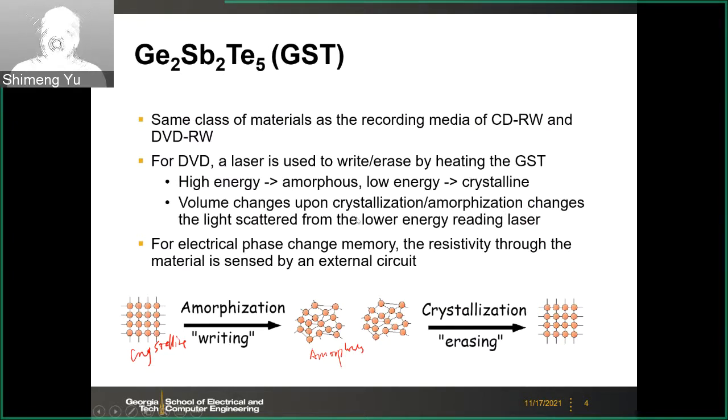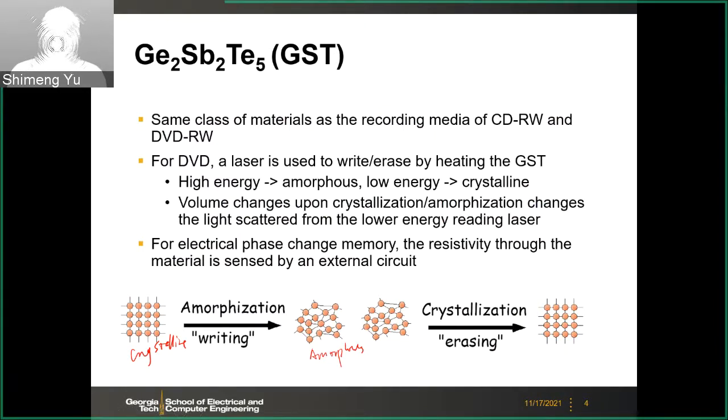But for the CD and DVD, the trigger of the change is by the laser. And after you change the state, the readout of the CD and DVD is also based on the optical method. In that case, the crystalline phase and amorphous phase will have different refractive index.